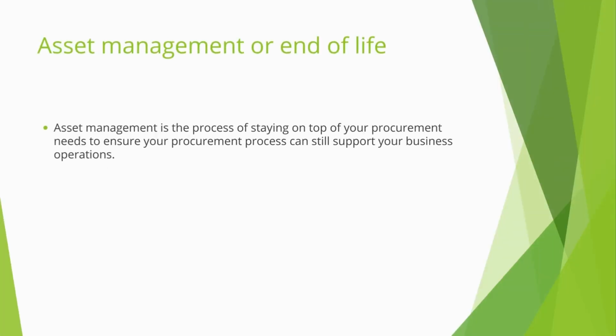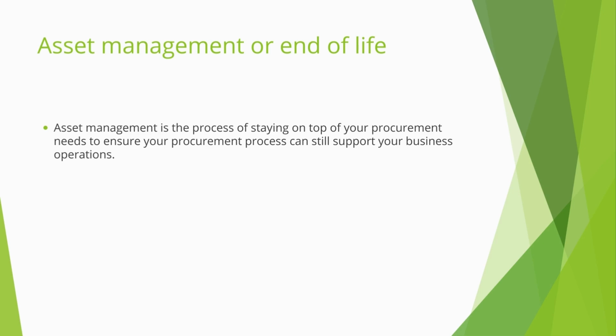So the last stage of our procurement cycle is the asset management or end of life. So over time, your organization's need might change due to a variety of factors. It can be from changing your focus to new niches in your industry, expanding or adjusting your product life.